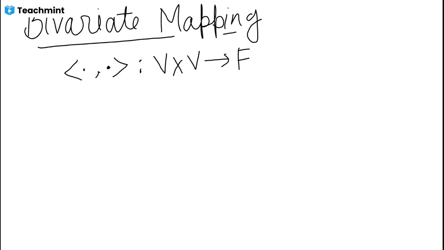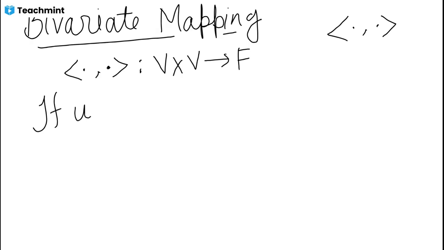Can you explain what that notation means, that dot colon V cross V? This symbol represents the inner product. And what is that colon V cross V?